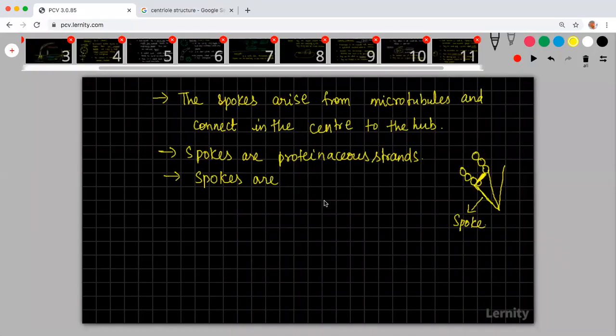Spokes are also connected to AC linkers. The protein linker.